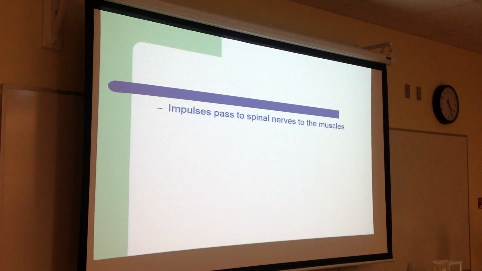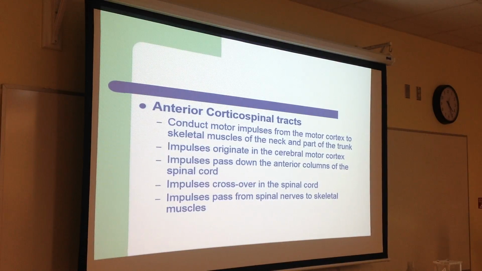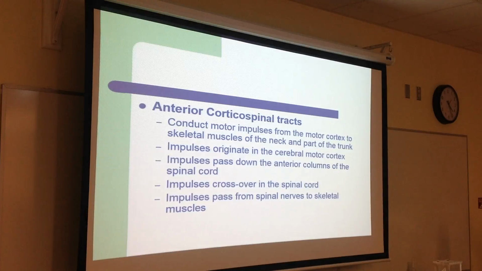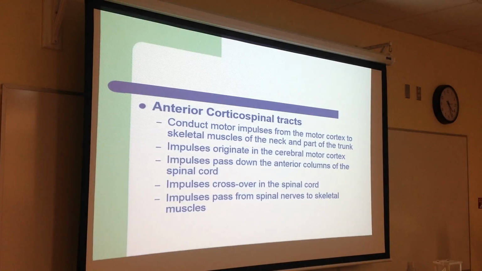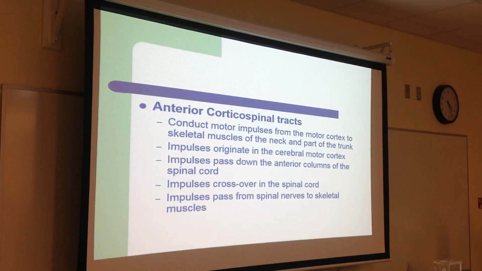So the next one we have is what's called an anterior corticospinal tract. Anterior corticospinal tract. All right, dissection time. Anterior tells us what? Travels in the anterior white columns of the cord. Corticospinal tells us, where does it start?